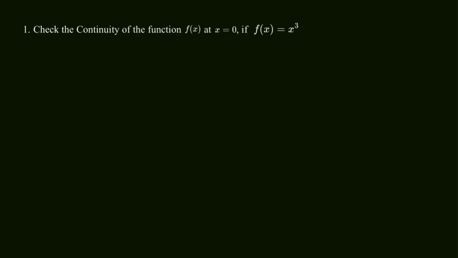Now let us check the continuity of this function, that is f(x) equals x cube. We will check whether this function is continuous or not at x equals 0. For that, I recommend you make a number line where you can write the critical point, that is x equals 0. As you can see, we have to check the limiting value and the functional value, and since the function is f(x) equals x cube, this function is the same everywhere.